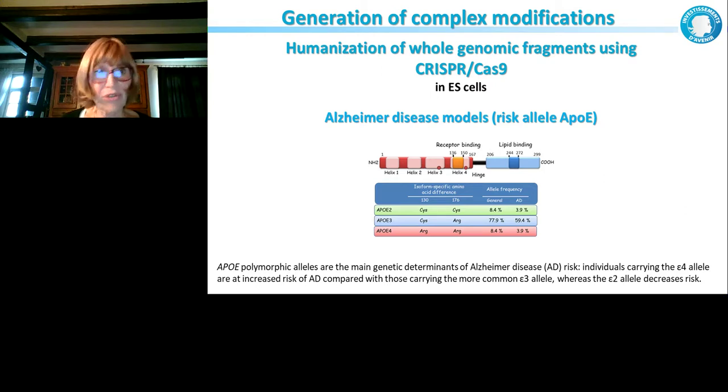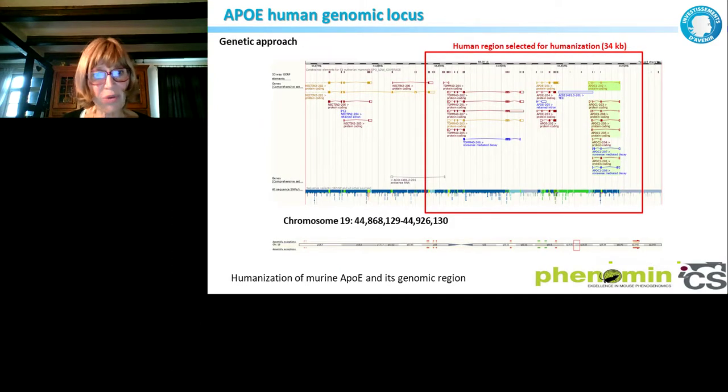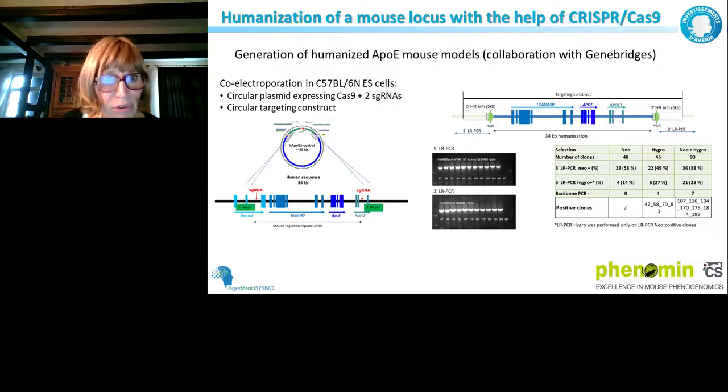And how we proceeded for that, we worked with GeneBridges for the construct. They inserted everything that is in the square here from a human BAC. They cloned homology arms around. I show you the construct here. I don't know if you can see it well.